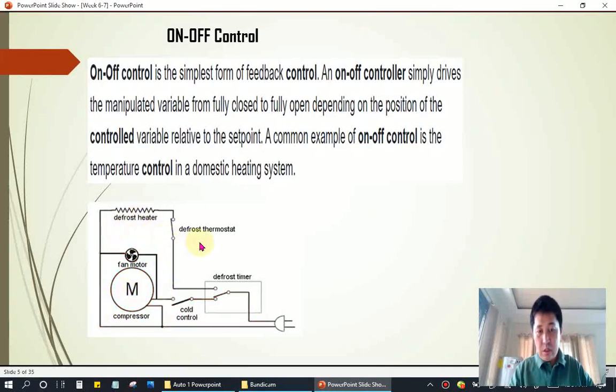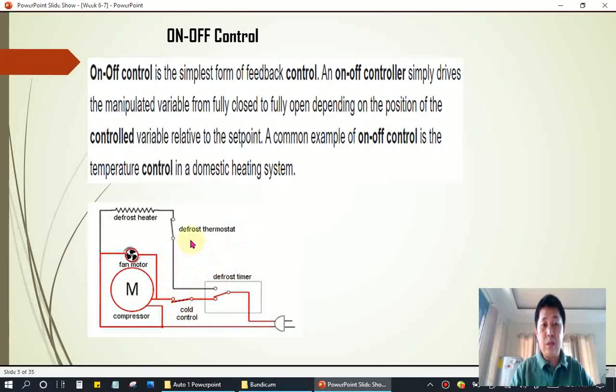The defrost timer is plugged to the power source. When the thermostat detects a temperature more than the set value, it closes the contact circuit.